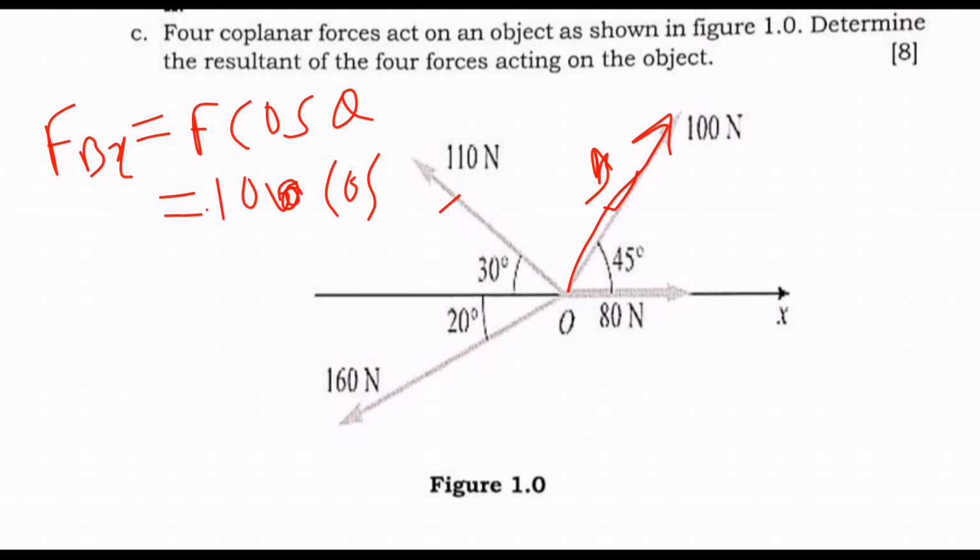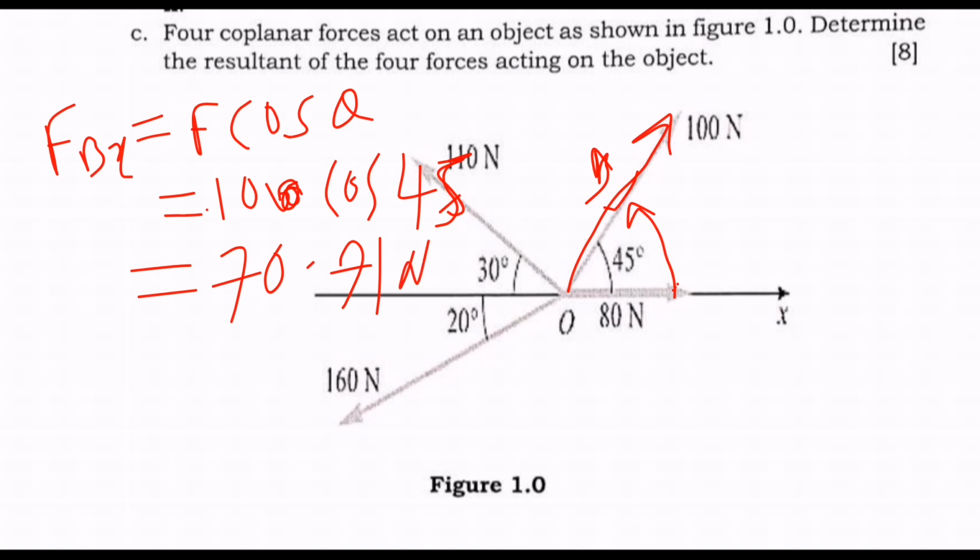We start from X here, which is 45. When you punch it on the calculator, it will give you 70.71 Newton. So that is our second component.